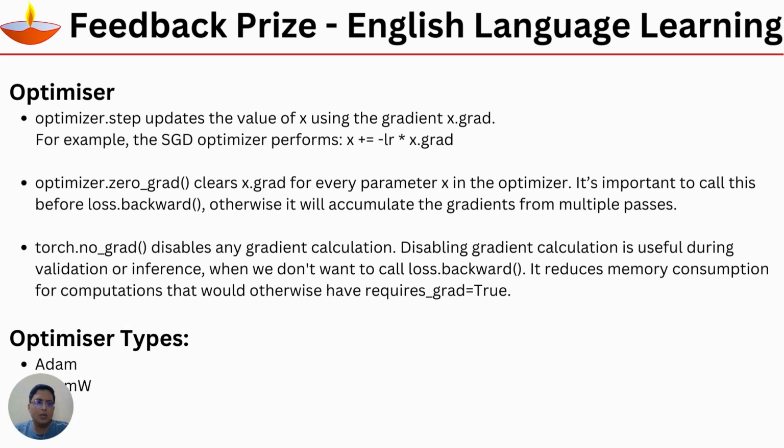Next is torch.no_grad, and this disables any gradient calculation. What it means is no further gradients are calculated in these specific steps, right?